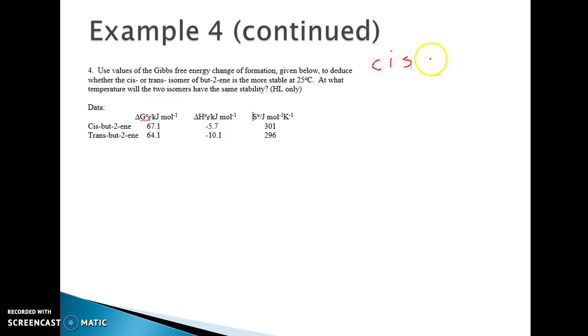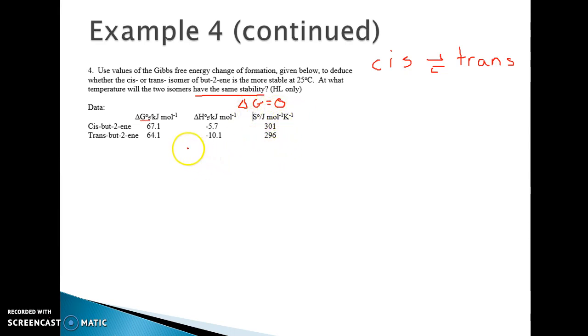So in other words, the spontaneity of the forward reaction would be equal to the spontaneity of the reverse reaction. This point where they have the same stability would be when delta G is equal to 0. And so we're going to need to do some more calculations.